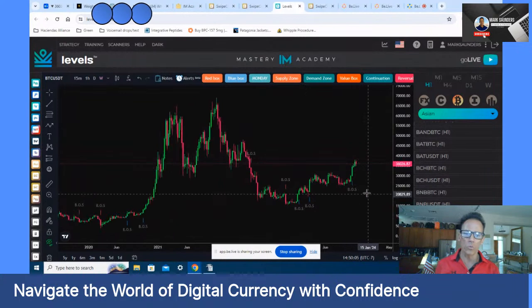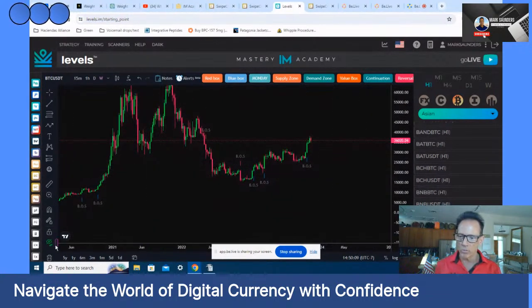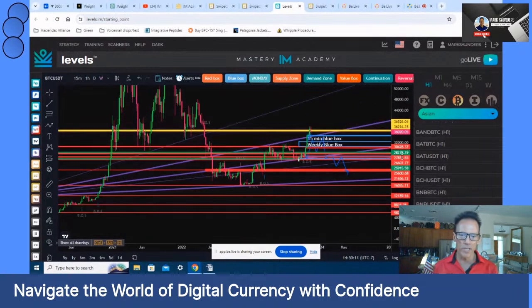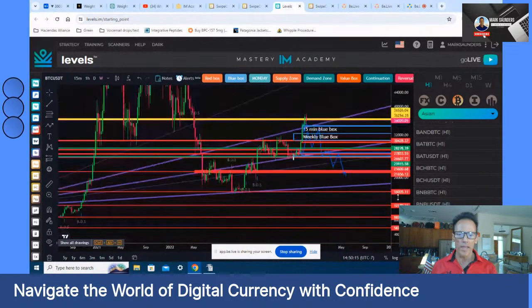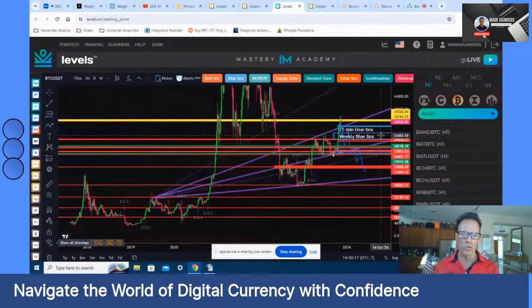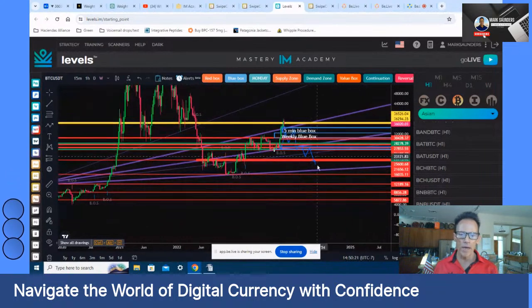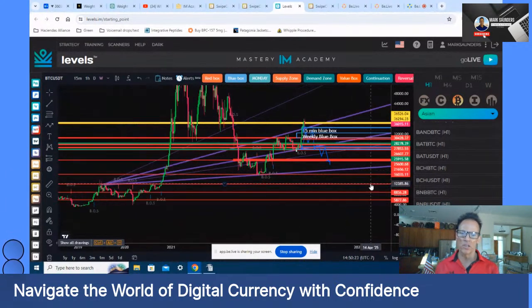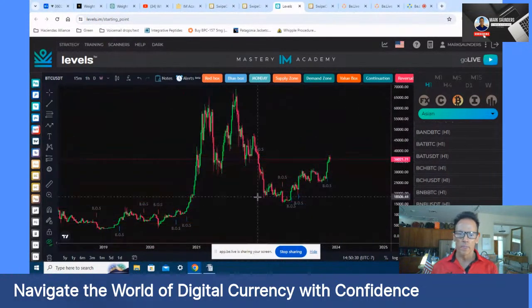But the thing is, the market's so crazy, don't get freaked out with all the colors. What can happen is it can go down to these low levels too. Before it goes back up, it can come back down to these levels. So you don't want to get in trouble. That's the thing, you want to know when to get in, when not to get in.